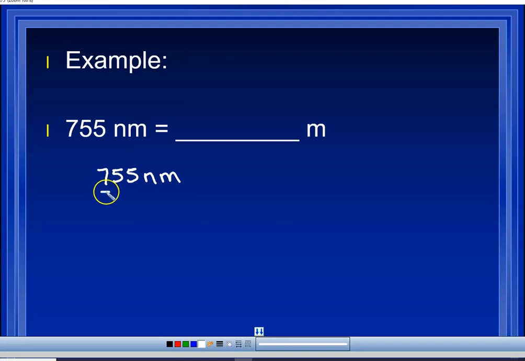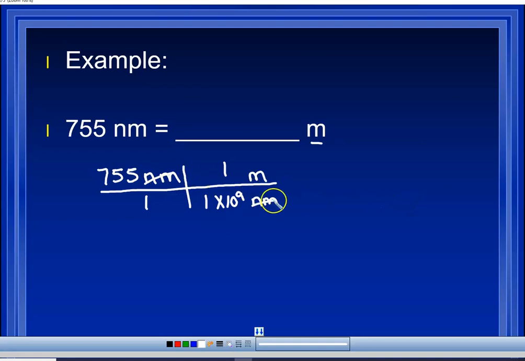So I know a lot of you can already get the answer. I don't care about the answer. It's this setup that I care about. And because meters is one of our base units, we can actually go directly from nanometers to meters. We're going to bring nanometers down, we're going to bring meters to the top. In 1 meter, there is 1 times 10 to the 9th nanometers.